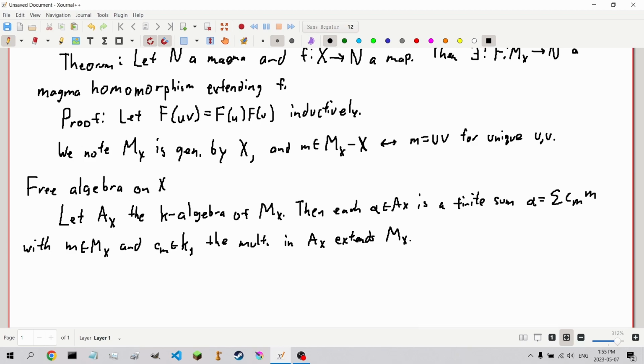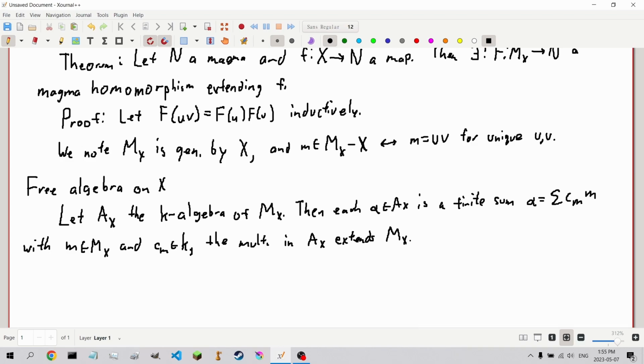So I'm thinking, as it's an algebra, the sum of two elements of AX is just summing them up component-wise, where the components are listed by the elements of the free magma on X. And multiplication-wise, I believe we multiply pairwise the ring components of each component, and also we multiply their indices, which are elements of the free magma, with the magma product.